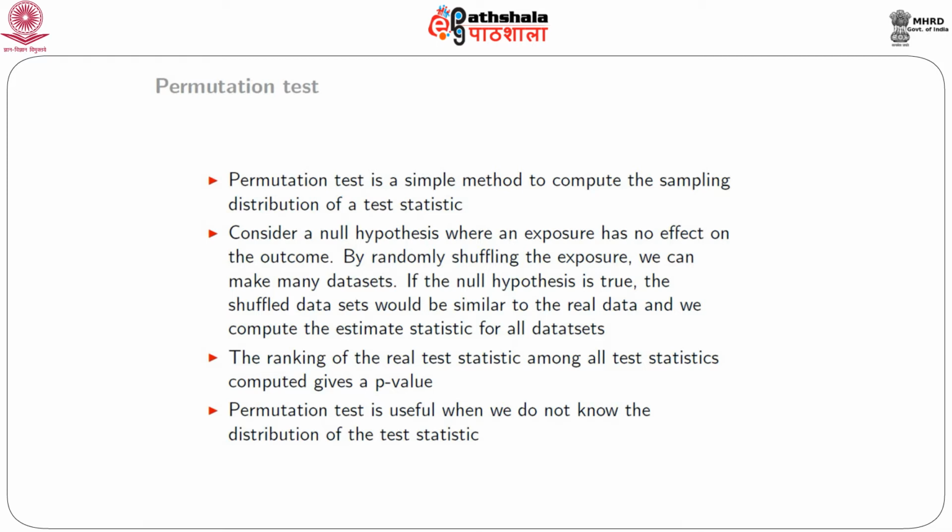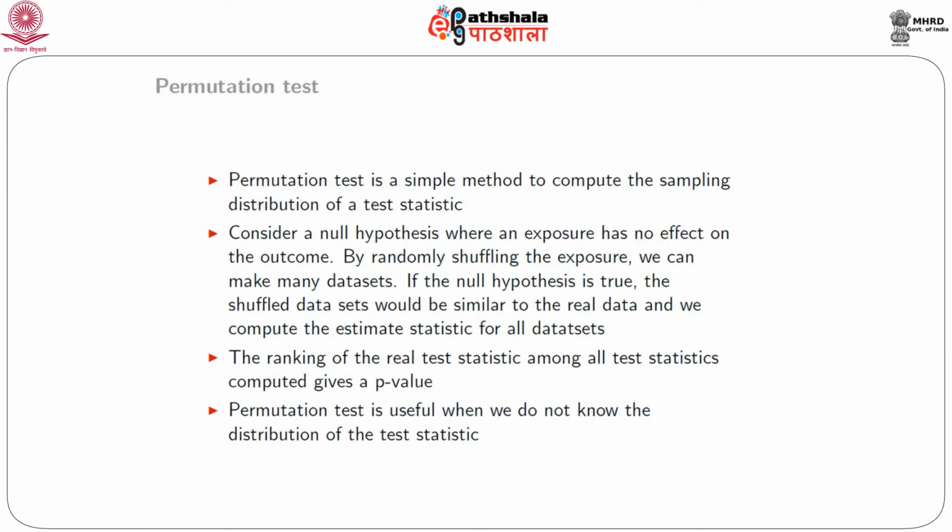That means if we randomly shuffle the exposure, we can make up as many data sets as we like. Under the null hypothesis, all of these shuffled data sets should look more or less like the real data. If they look different, then we have reason to believe that the null hypothesis is not true.